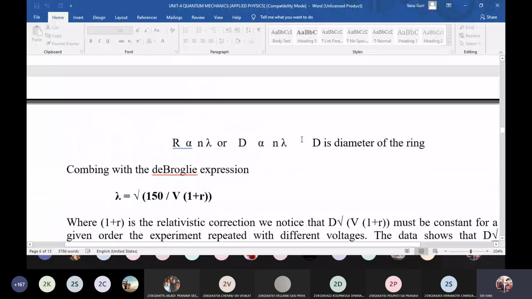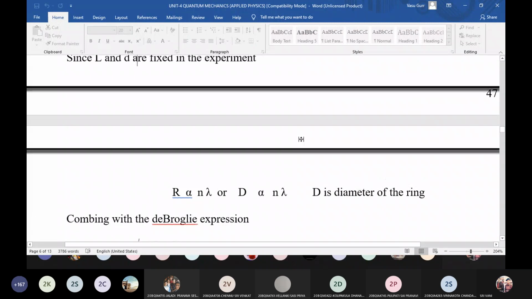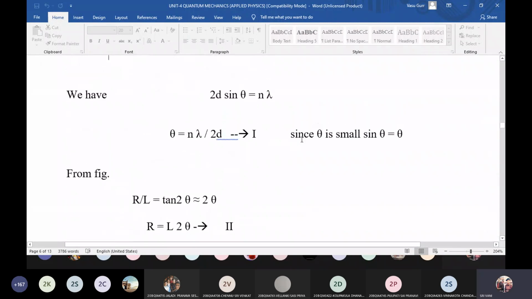Both of them used the de Broglie wave equations. In these two experiments, the main concept lies first in the diagrams, and later in the two formulas: the diagram and the two formulas.